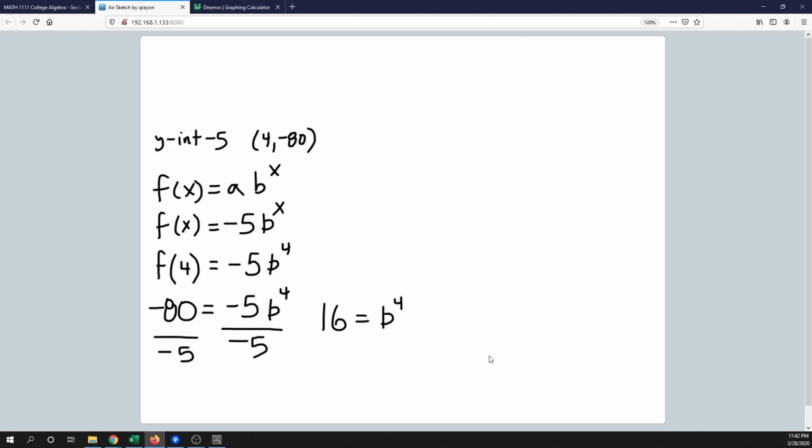All right. So I've got the B to whatever power isolated by itself on one side. What I'm going to do is take the 4th root of both sides, okay?